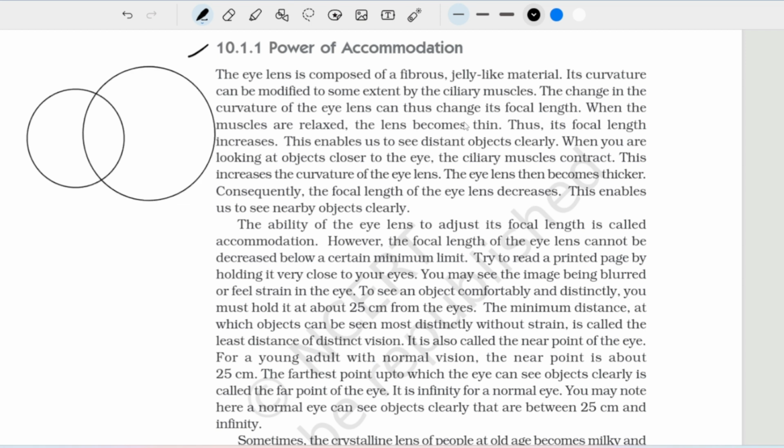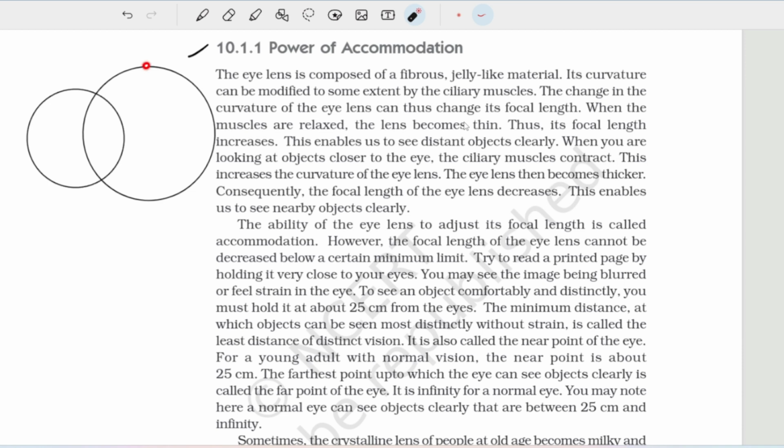right? So you can see that this one has less curvature, whereas the curvature of a smaller circle is more bulged, right? Now, the circle with more bulged curvature will have a shorter focal length.